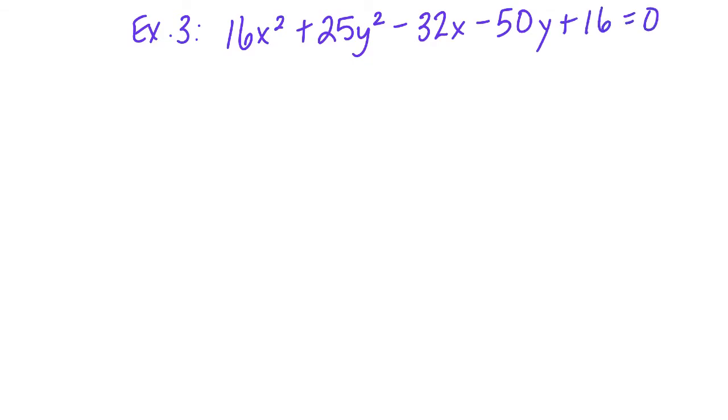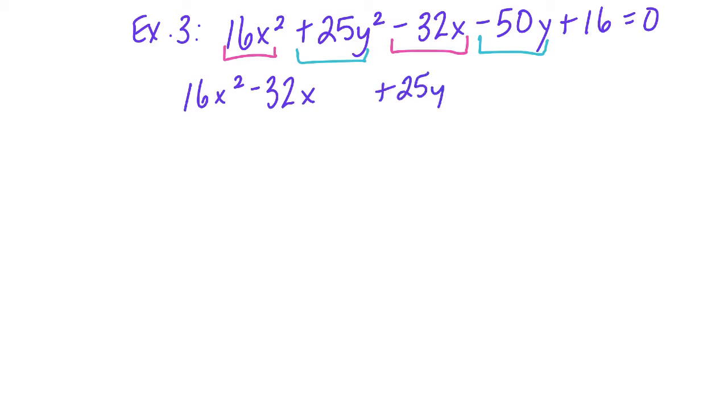to 0. The first thing I need to do is put the x's together, the y's together, and get rid of the constant. 16x squared minus 32x plus 25y squared minus 50y equals negative 16.